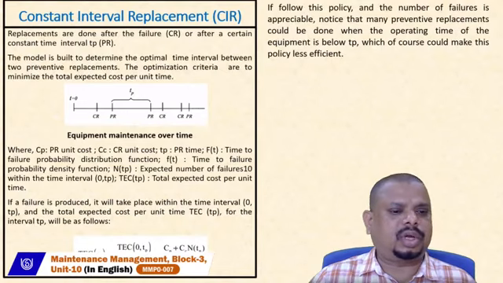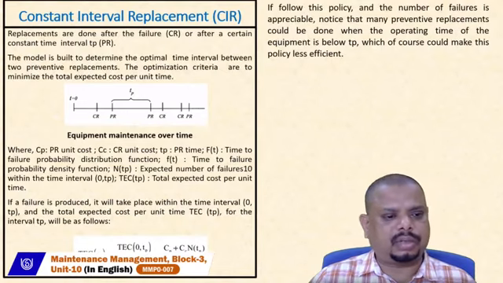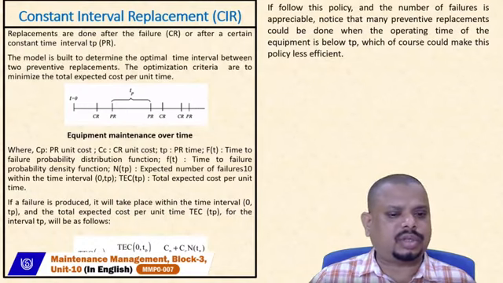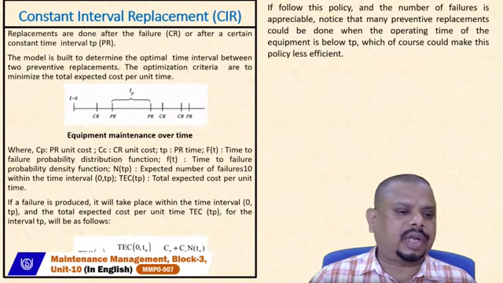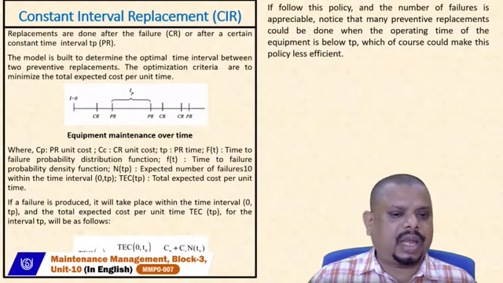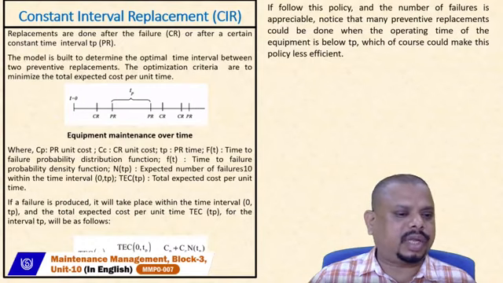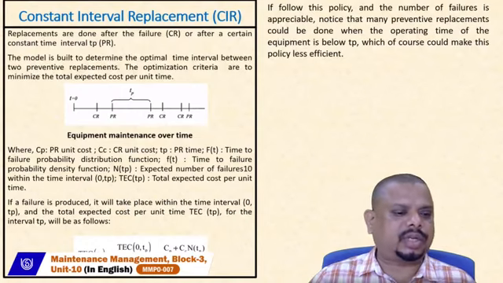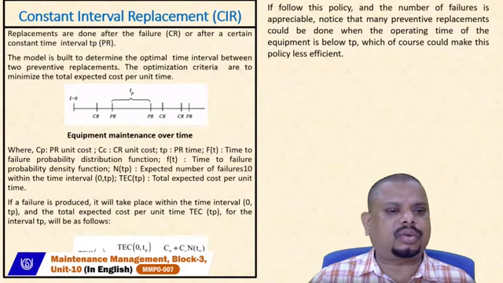If you go into the details of this model, CP is the PR unit cost and CC is the CR unit cost. TP is the PR time, and f(t), function of t, is the time to failure probability density function. N of TP is the expected number of failures within the time interval 0 to TP, and TC(TP), the total expected cost per unit time, is given. So these are the different notations given to the replacement models.